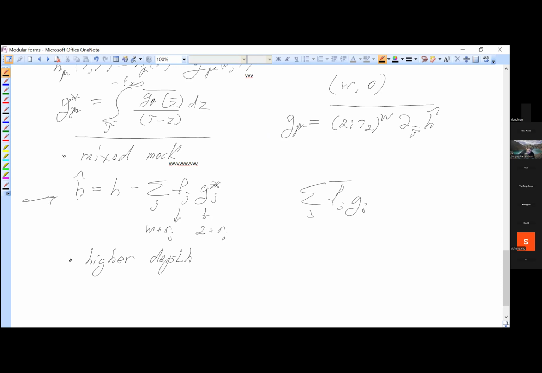You say that H is a depth n mock modular form if its completion is given by this formula, where G is the usual modular form, but F, or more precisely here you put the completion of F, is a mock modular form of depth n-1. And in this way, iteratively, you define it for arbitrary n. So, for example, depth 0 corresponds to usual modular forms, depth 1 corresponds to usual mock modular forms, and so on.